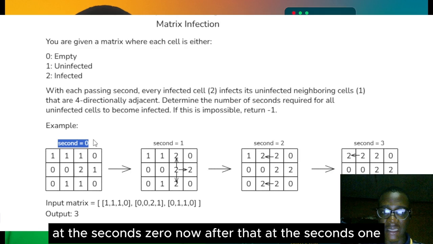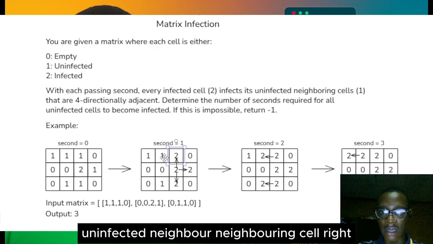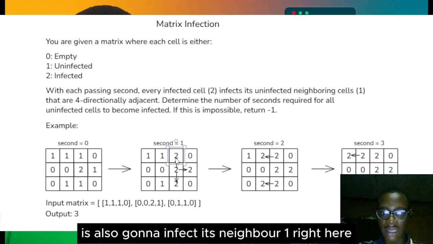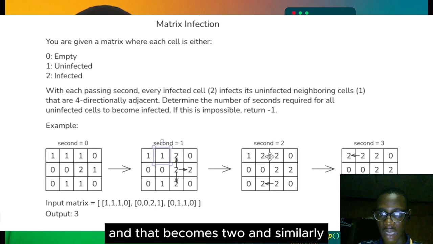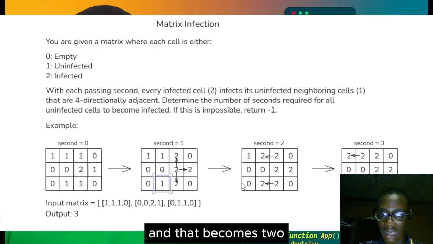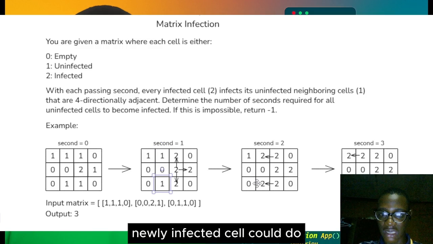Now, after that, at second 1, these newly infected cells are going to infect their uninfected neighboring cells, right? Like this 2 that is newly infected is also going to infect its neighbor 1 right here, and that becomes 2. And similarly, this newly infected cell is also going to infect a neighbor 1 right here, and that becomes 2. Now these are all the newly infected cells could do.